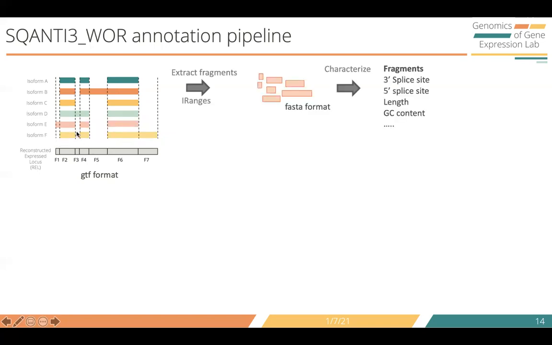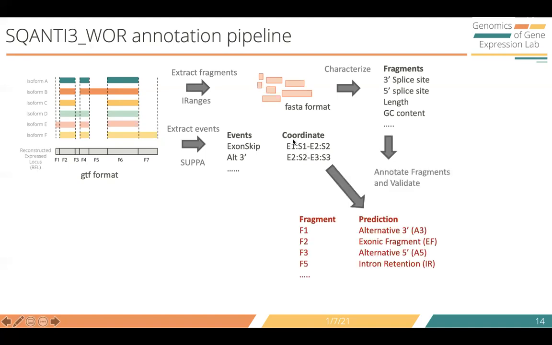These fragments are first extracted and characterized in terms of the 3 and 5 prime ends, the lengths, GC content, etc. But also they are processed with SUPPA to extract events and obtain the coordinates of these splicing events.